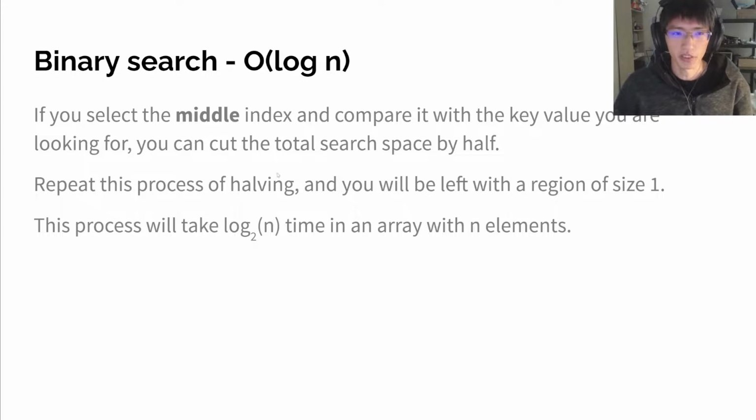But with binary search, you can select the middle index and compare it with the key value that you're searching for, and that's going to cut the total search space in half. You can repeatedly halve the total search space in order to process this in log of n time.